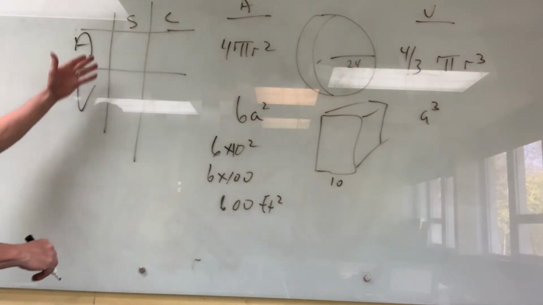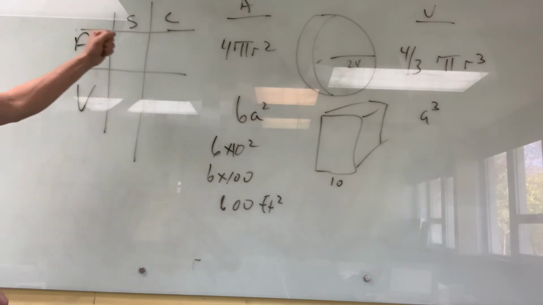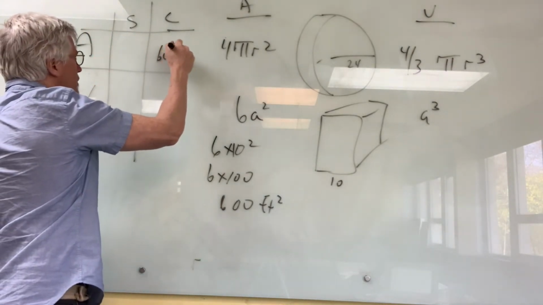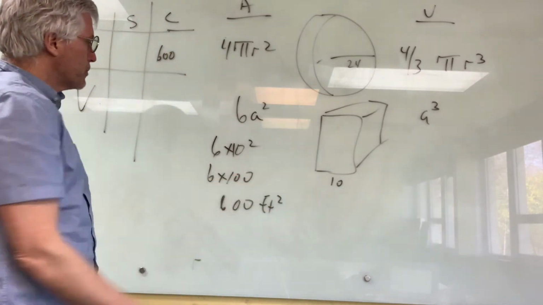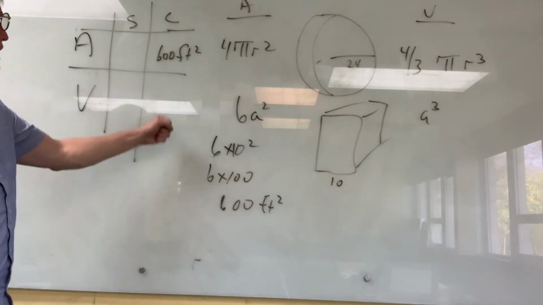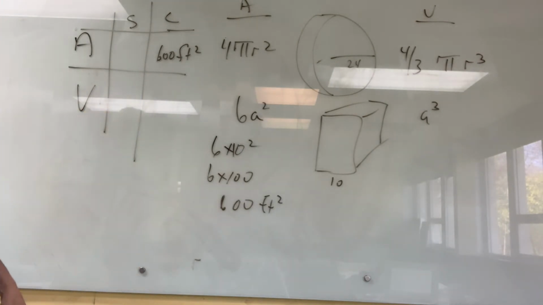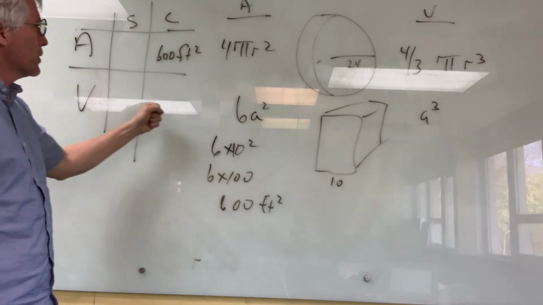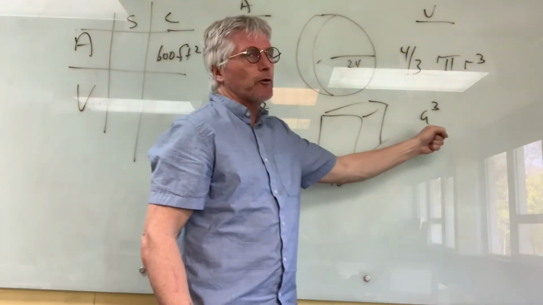So over here in our thing, the area of the cube would be 600, whether it's feet or inches or whatever it's measured in, we'll call it feet squared. Looking at the volume of the cube, it's a simple formula.